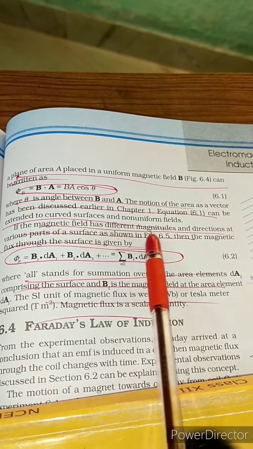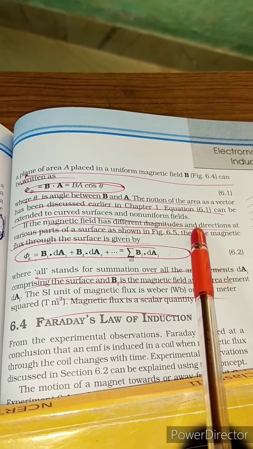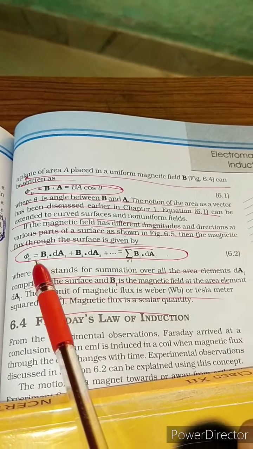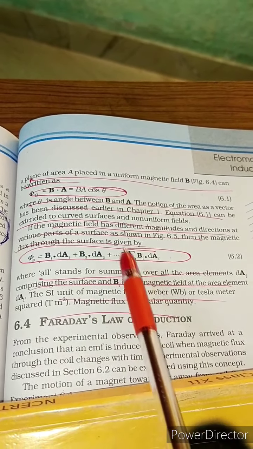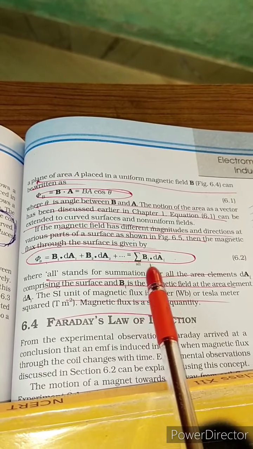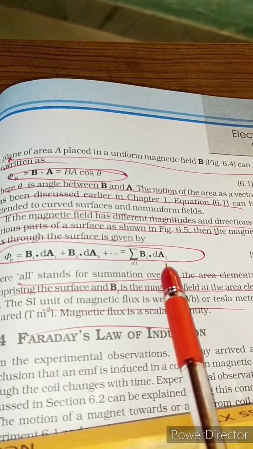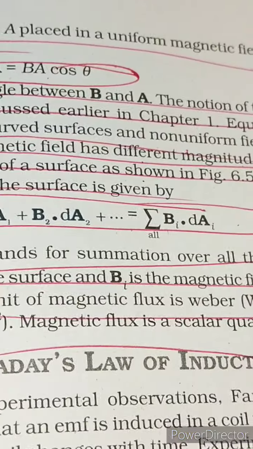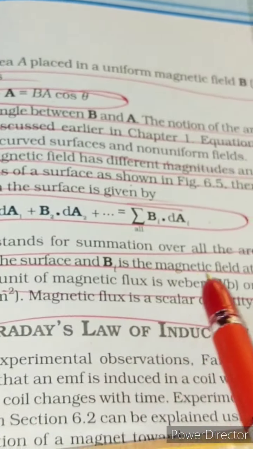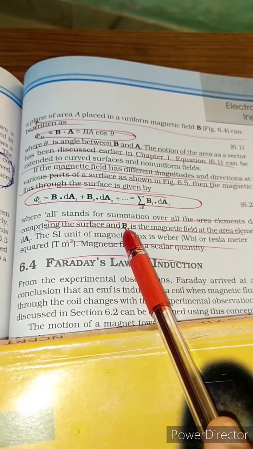If the magnetic field has different magnitudes and directions at various parts of the surface, as shown in this figure, then the magnetic flux through the surface is given by phi B equal to B1 dA1 plus B2 dA2 plus so on, that is, the summation of all Bi dAi, where the sigma stands for summation over the area elements dAi comprising the surface, and Bi is the magnetic field at the area element dAi.